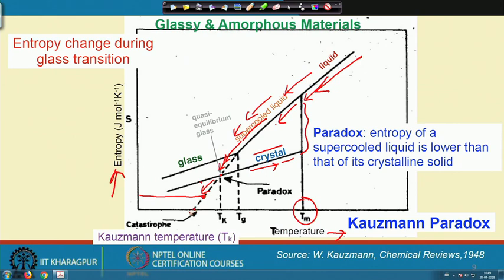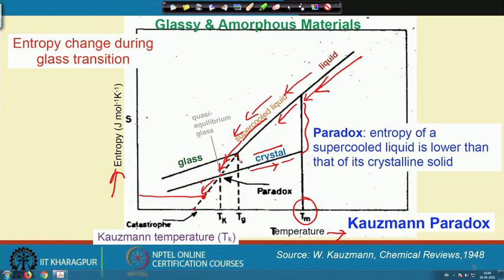The atoms are organized in a random way, and the entropy cannot be lower than a crystalline phase, and that basically becomes a paradox. If we cool it down, then an entropy catastrophe will occur. Therefore, the system does not prefer this path, and it finds an alternative path.